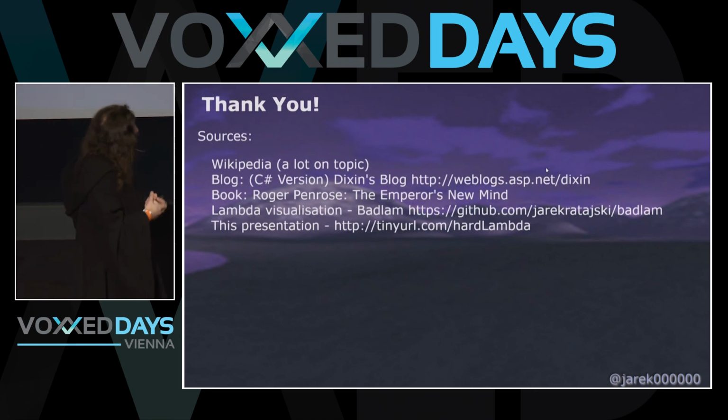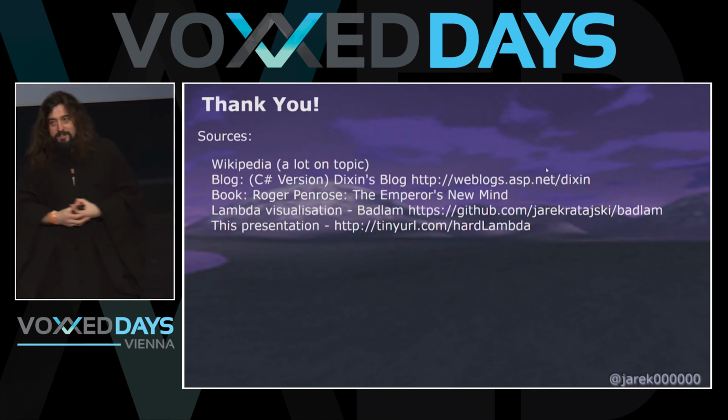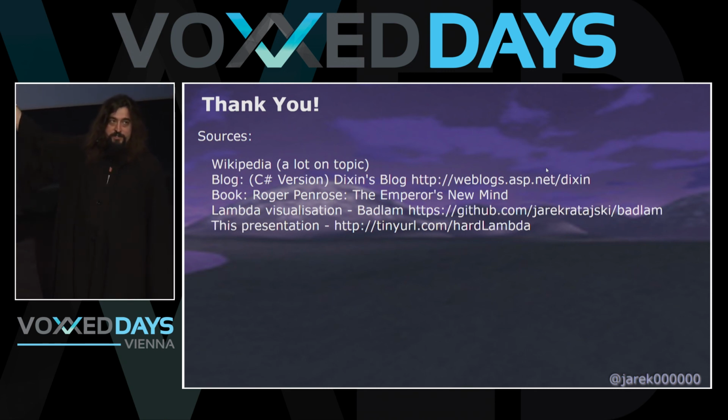And if you want to waste a lot of time on Lambda calculus or mathematics, there are some good sources for you. So Wikipedia, I use the conventions that are on Wikipedia, so it's easy to follow this talk and recreate. There is a good blog on the C# version of the same that also helped me. Basically, the guy was doing the same thing at the time I was doing, and he really went way, way farther with his blog. So I do recommend it if you are interested.